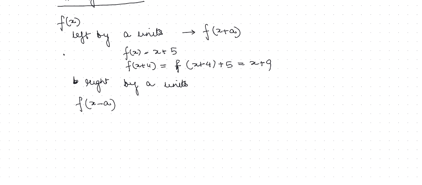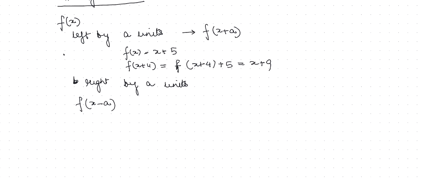This is not making any difference here because it is a linear function, but this rule will help you in quadratics and polynomials. So we are preparing ourselves with the base so that we can do all the problems.